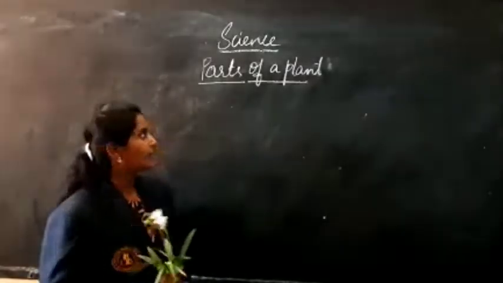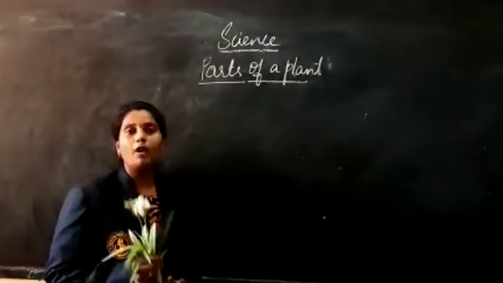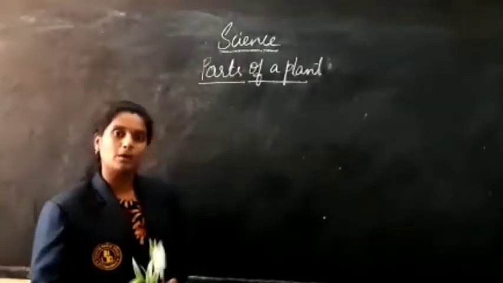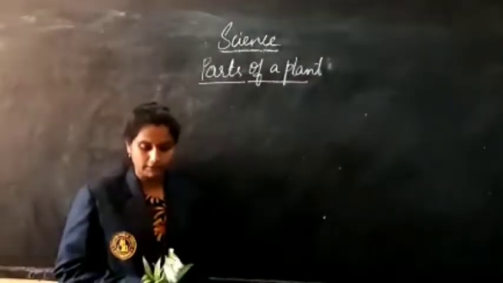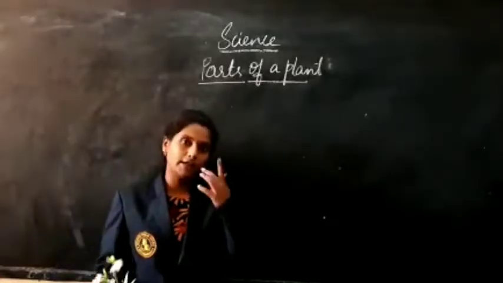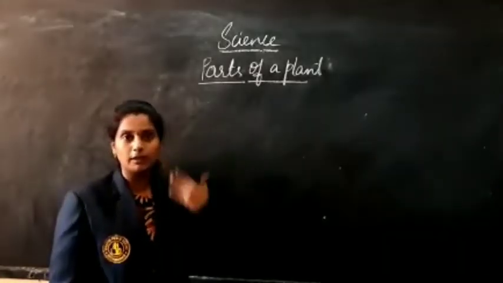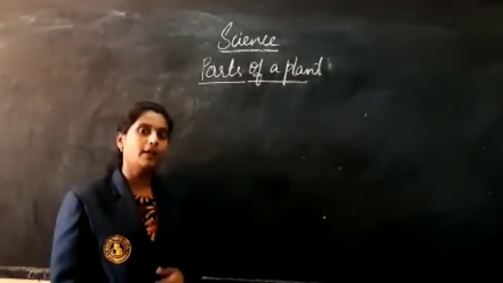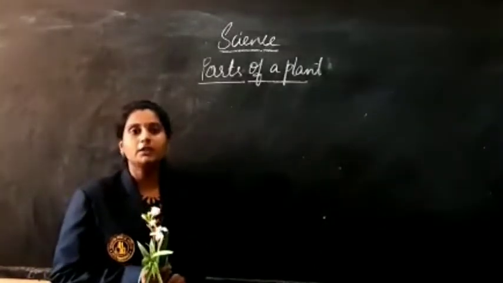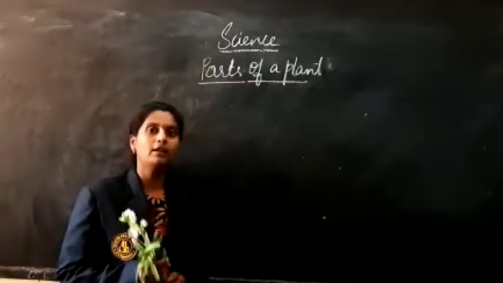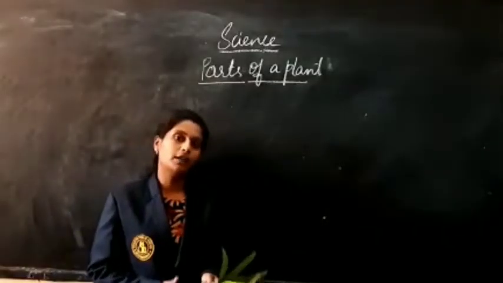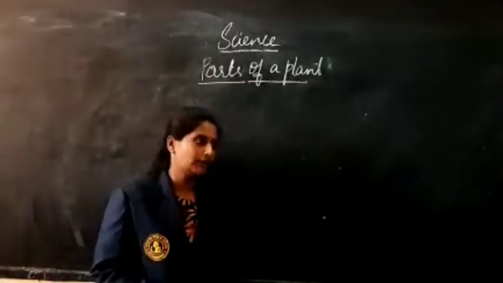We are going to see those parts today, and we will also see what functions they perform. For example, in our body, eyes help us see things and ears help us hear sounds. In the same way, plants also have parts and they help the plant in many ways. We are now seeing what they do and how they help.